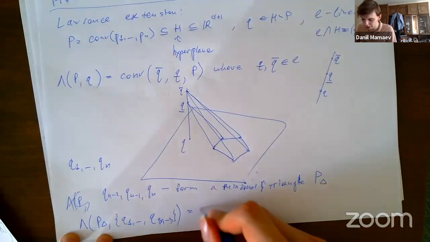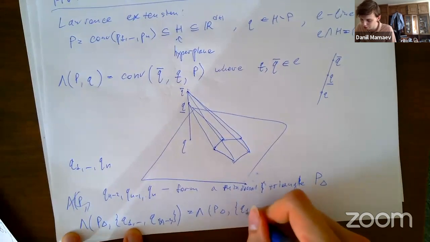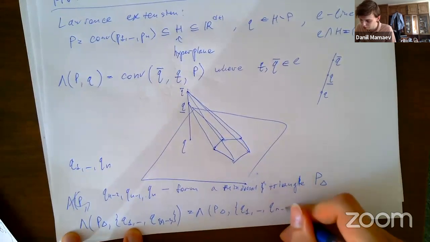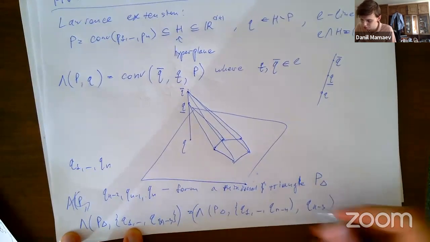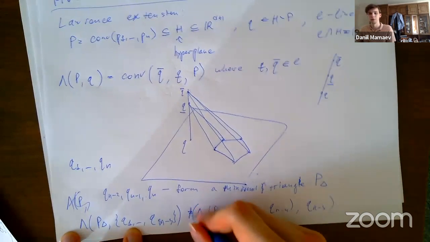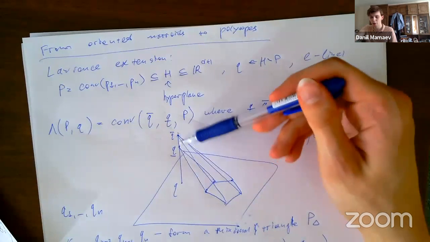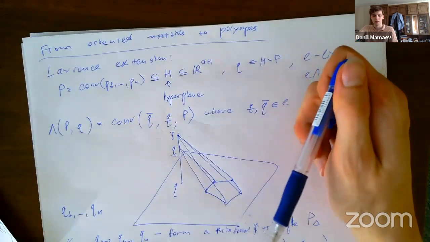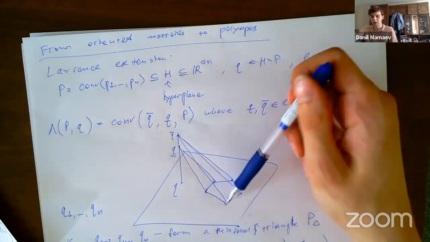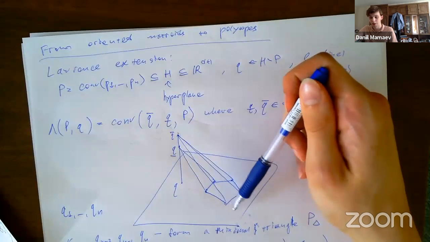This means that you just consecutively apply it, and what you get encodes the orientations of your point configuration.